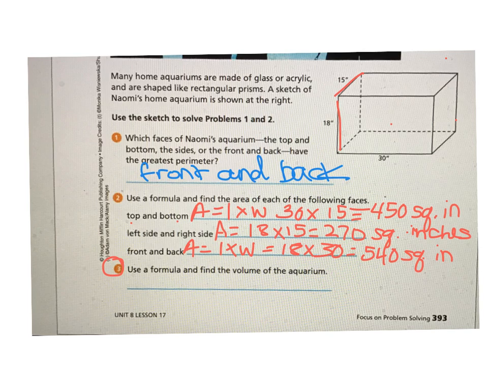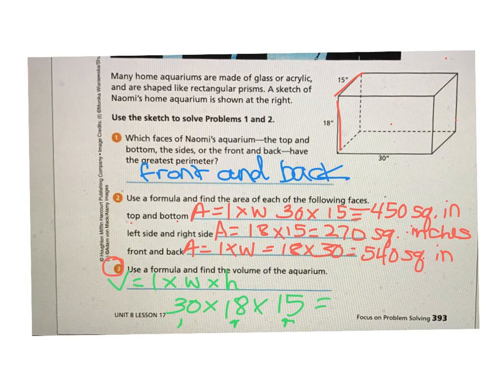Now they're asking us for number 3, to find the volume. And you know that volume equals length times width times height. So the volume of the aquarium, think of it like how much water this tank can hold. The length is 30, the height is 18, and 15 is your width.